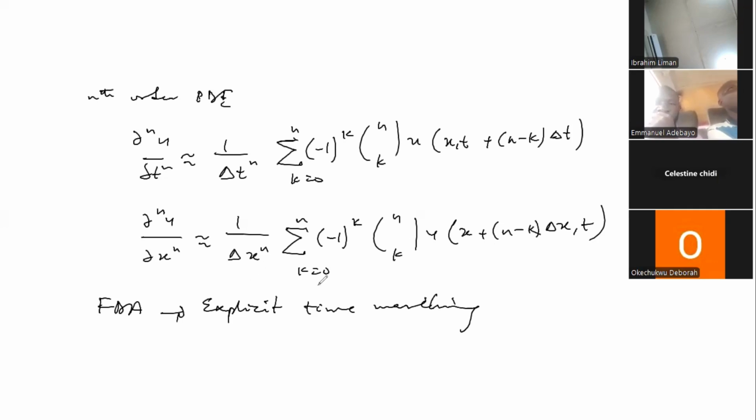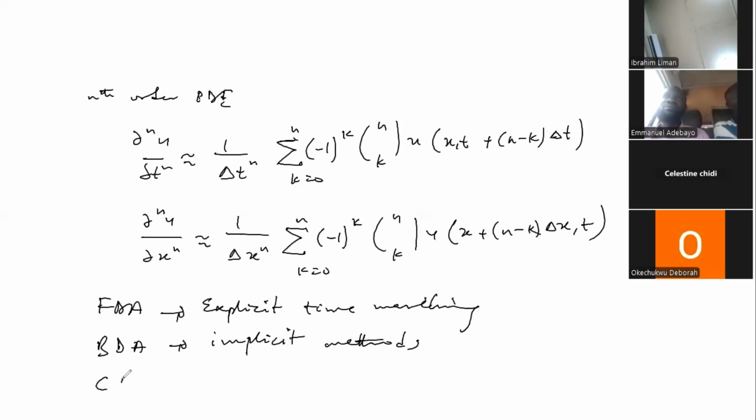Okay, so when we want to model explicit time marching schemes like forward Euler, we use forward difference approximation. We'll see some examples anyway, not to worry about for now. Then the backward difference approximation is mainly used for implicit methods, where we consider methods like backward Euler, which are more stable for stiff problems.